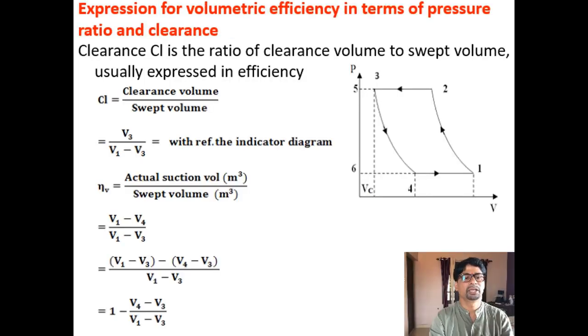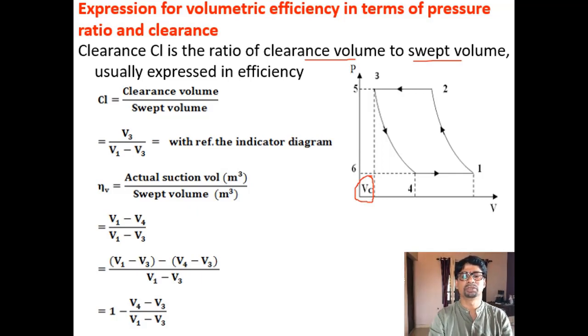Now we will derive an expression for volumetric efficiency in terms of pressure ratio and clearance. So clearance CL is the ratio of clearance volume to the swept volume. You know that at the end of the compression and delivery, some volume of compressed air is left in the space provided between the cylinder head and the piston head.